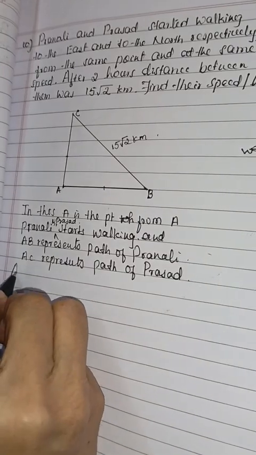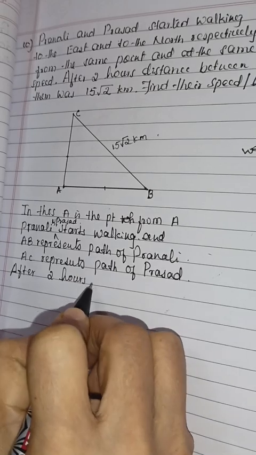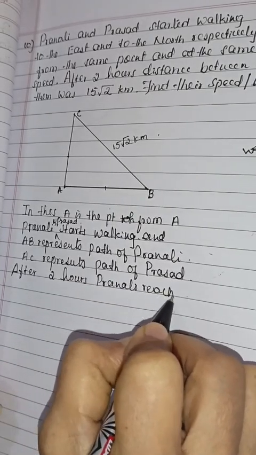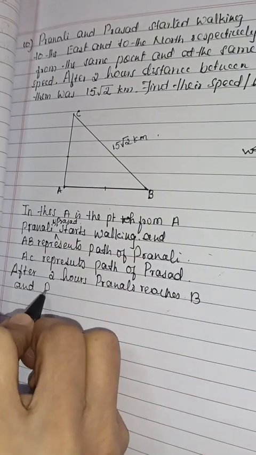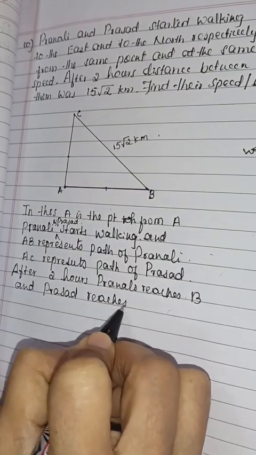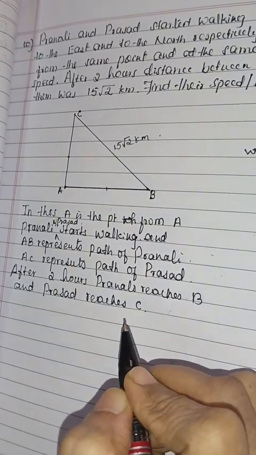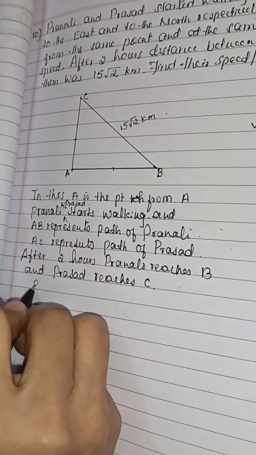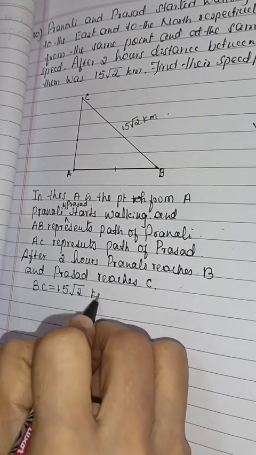After 2 hours, Pranali reaches B, and Prasad reaches C. Here BC is 15 root 2 kilometer.